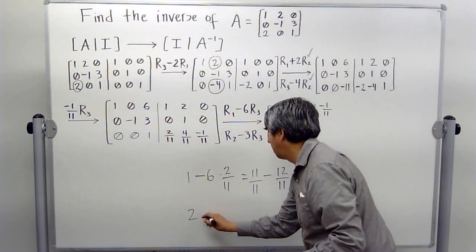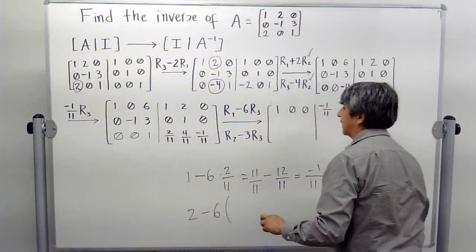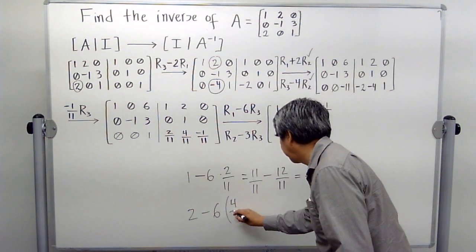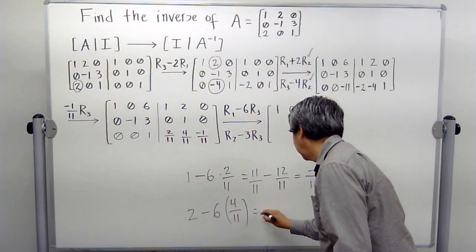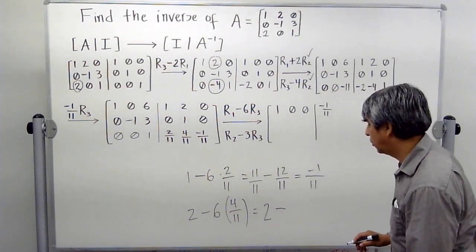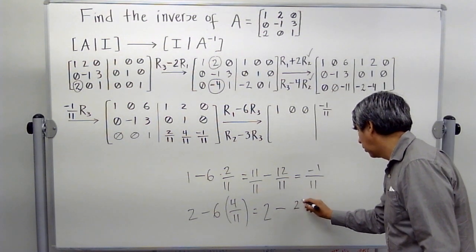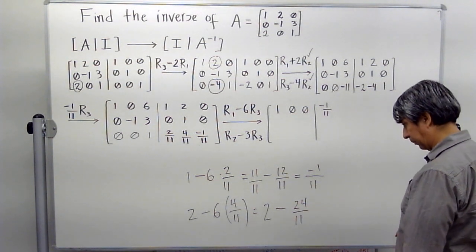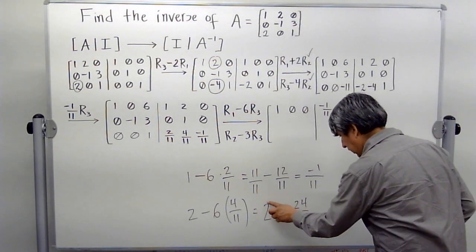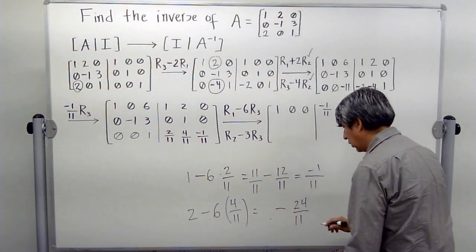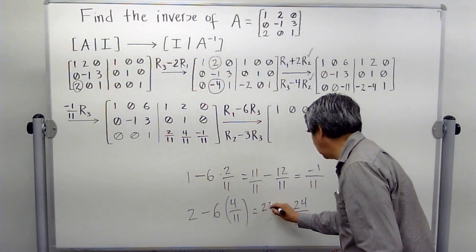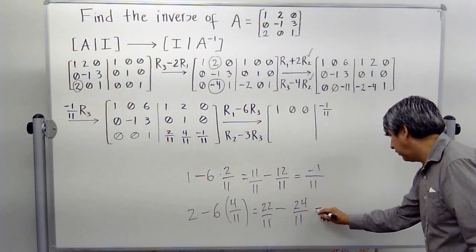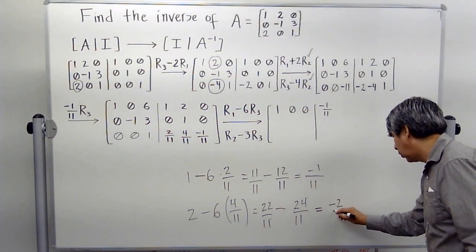2 minus 6 times 4 over 11 is 2 minus 24 over 11, which is the same as 22 over 11 minus 24 over 11, which is negative 2 over 11.